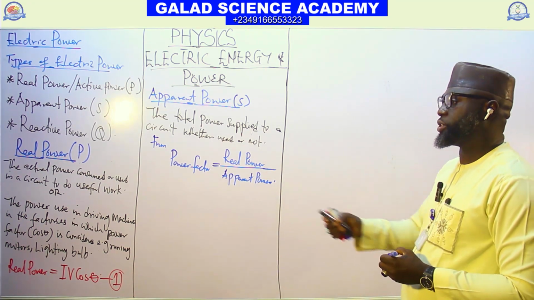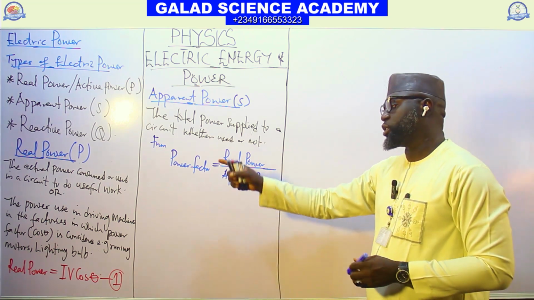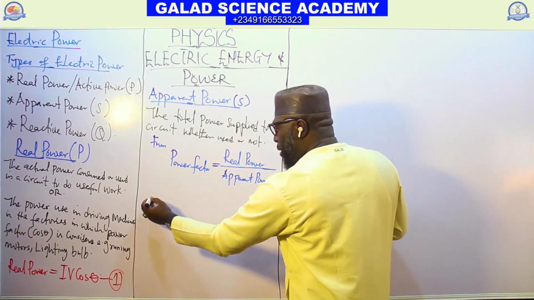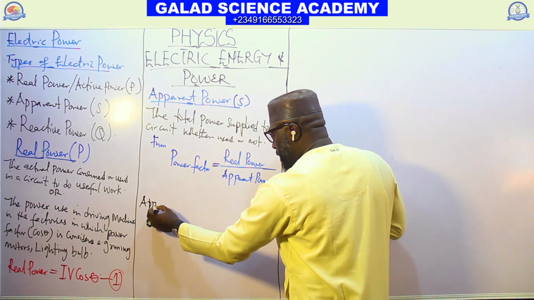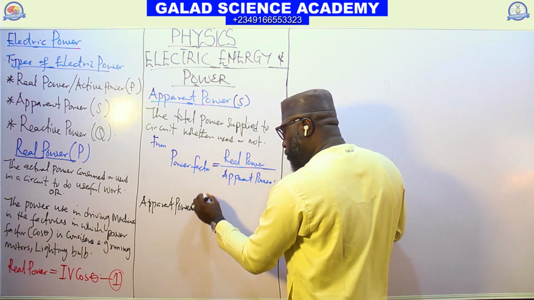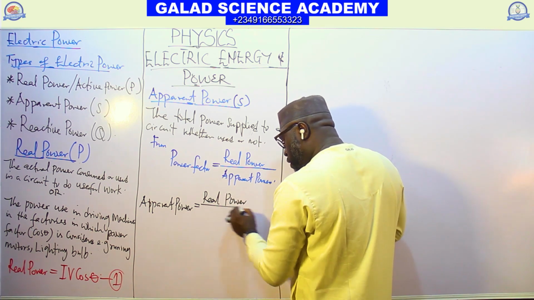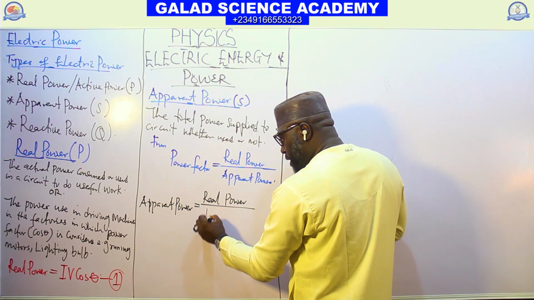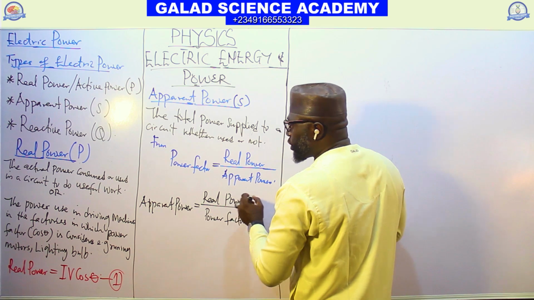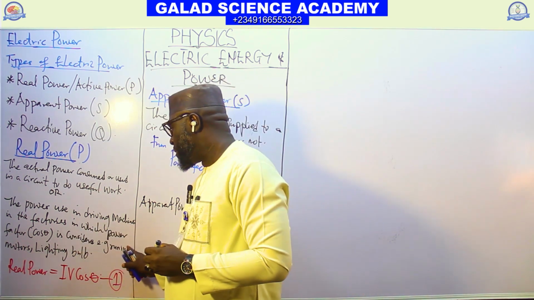So from this expression, let's make apparent power the subject of the formula. Apparent power is equal to real power over power factor. From the definition of real power, I mentioned power factor here.